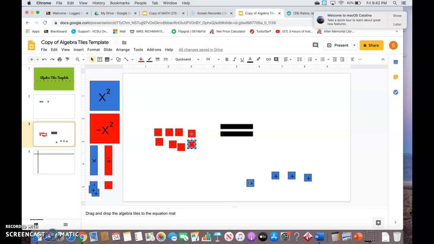So, with that in mind, you would take positive 11 tiles to make the equation of negative 8 plus 11.